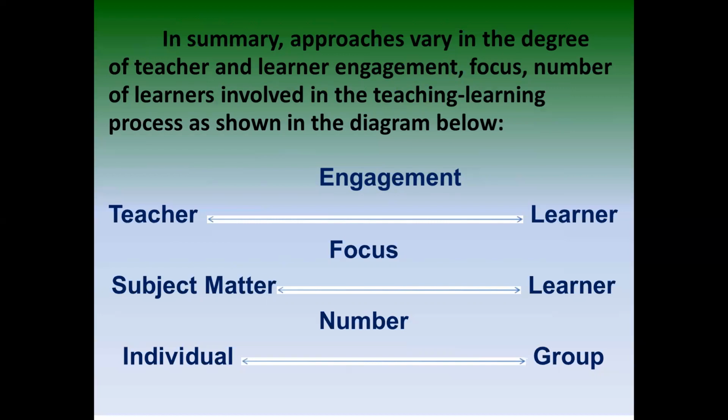And when we talk about the focus area, it is on the subject matter or on the learner. And when we talk about the number of students, like the individualistic approach or collaborative learning, then we use the individual or group.